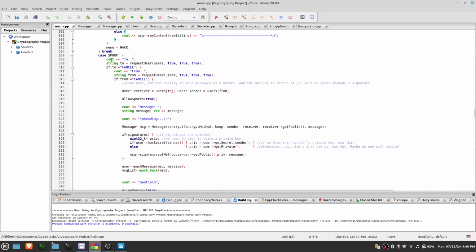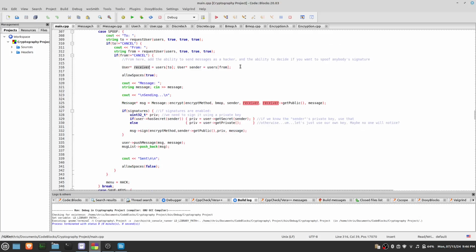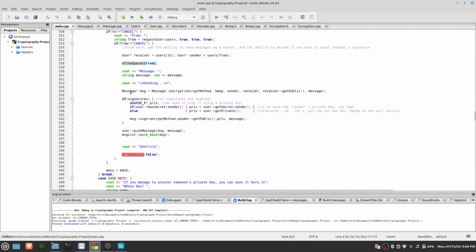Spoofing, that's where you can actually set who it's to and who it's from. And I have this nasty bit of way too much nesting probably. But anyways, receiver. We allow spaces. We send it. We encrypt it. We try to sign it if signatures are enabled by basically saying, all right, do we have this person's private key?